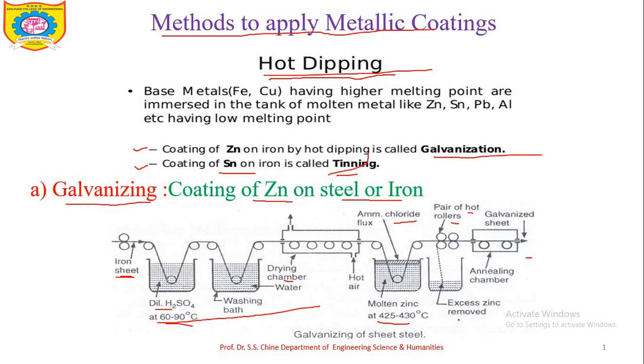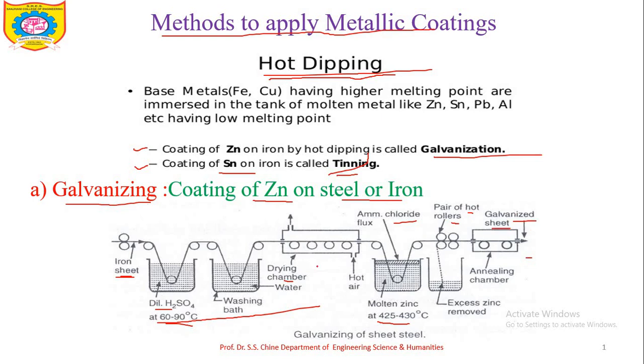This excess zinc is collected in another bath. Then it is passed through the annealing chamber for annealing and cooled at a temperature of 650 degrees centigrade. At the end we get the iron sheet known as a galvanized sheet.